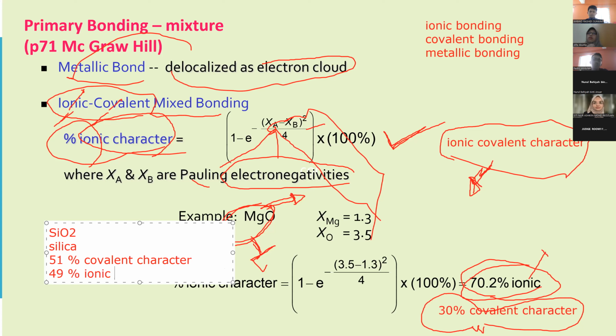They almost have 50-50 covalent and ionic character for silica.